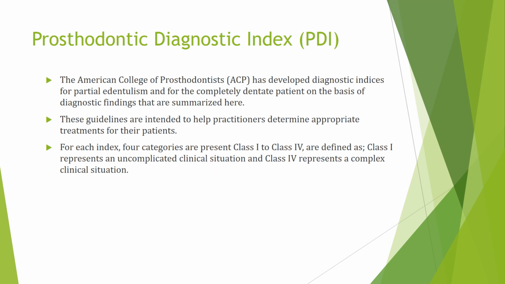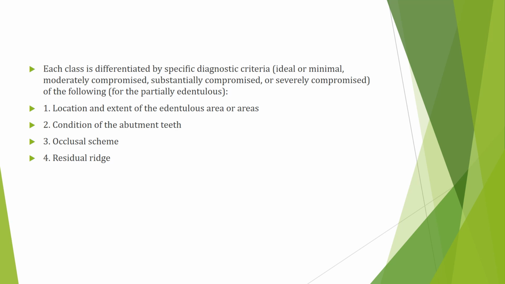Class 4 represents the complex clinical situation. Each class is differentiated into specific diagnostic criteria as stated in your learning outcome, right? So the specific diagnostic criteria are ideal or minimal, moderately compromised, substantially compromised, and severely compromised. This is Class 1, 2, 3, and 4, right?